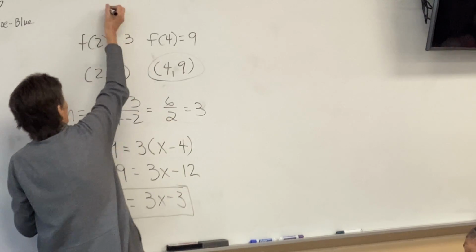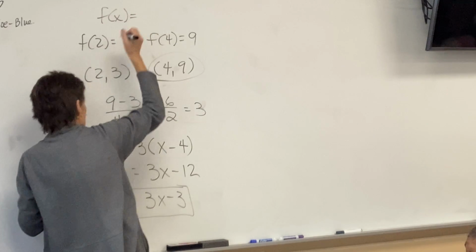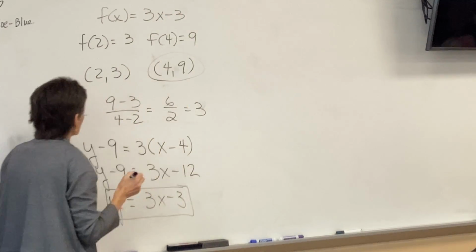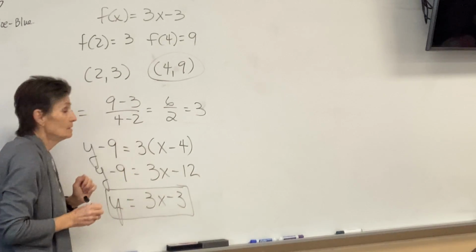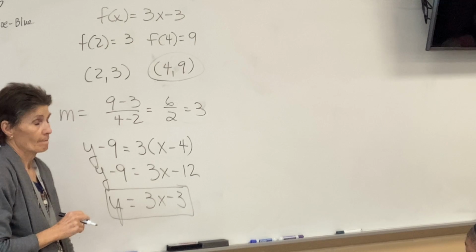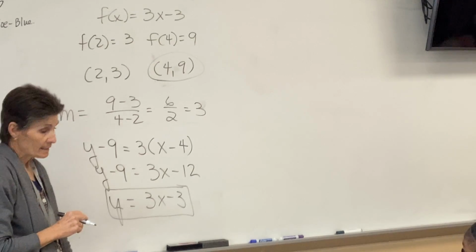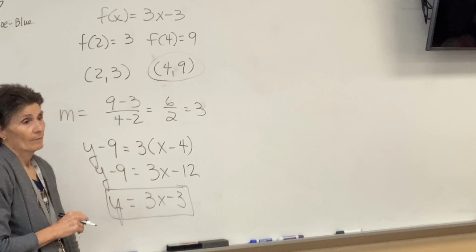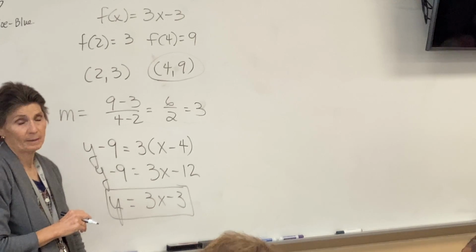Then I'll write it as a function. So f of x equals, I got 3x minus 3. Can we match that? Yeah. Does it have to be written as f of x? Yeah, it says write a linear function. That's not gonna be a huge deal, but yeah.